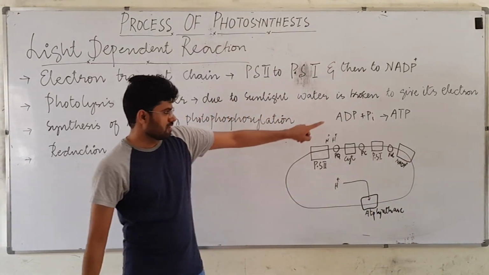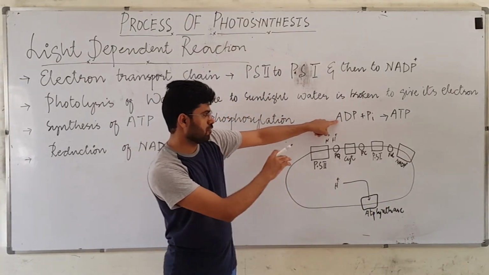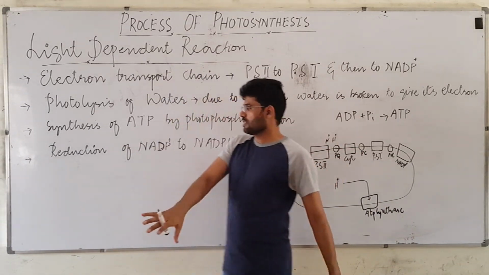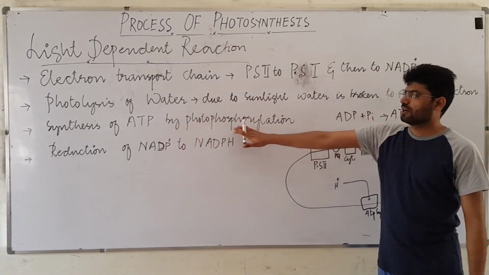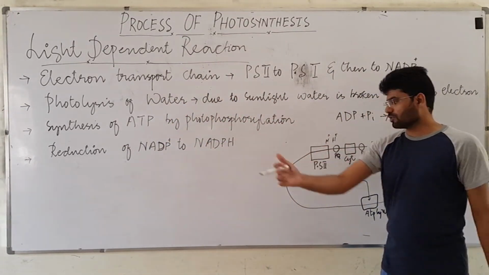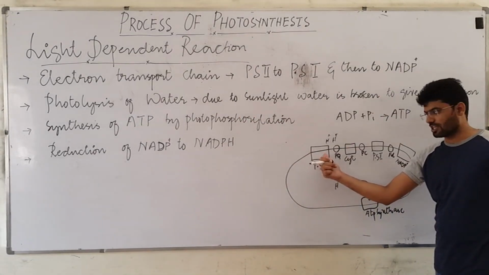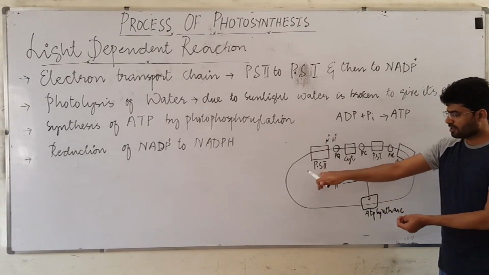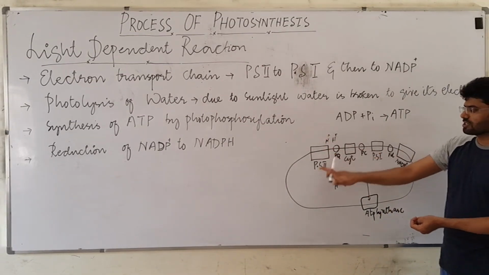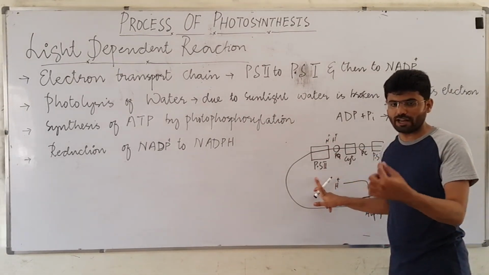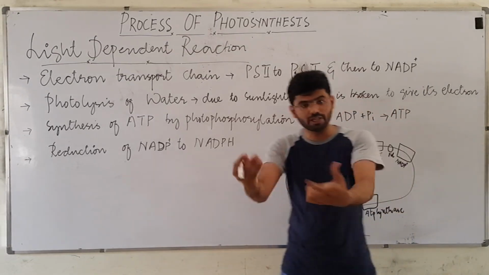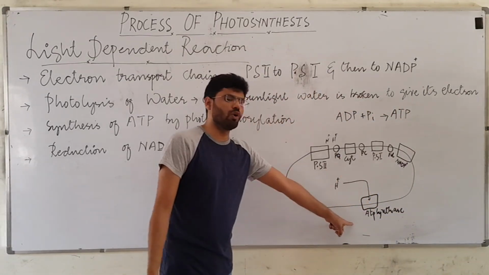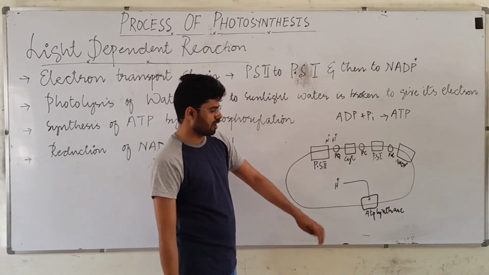I repeat, here you can see the phosphorylation is happening, but it is happening due to the sunlight. If light wouldn't excite the electrons of these photosystems, and the electrons wouldn't move from this place to this place, the protons wouldn't be accumulated in this thylakoid space. And if they wouldn't accumulate, they wouldn't go into the next space called the stroma.